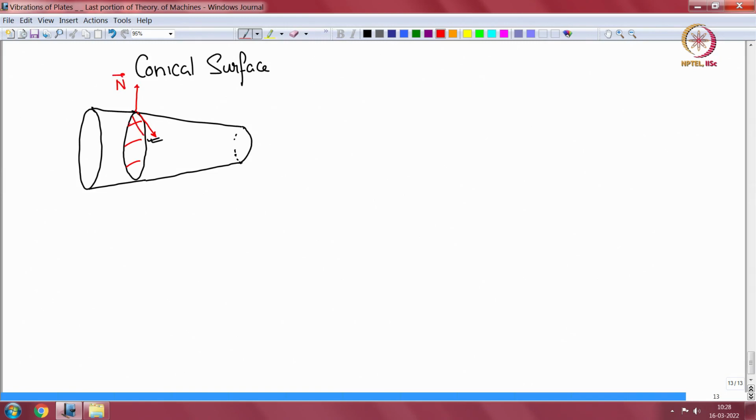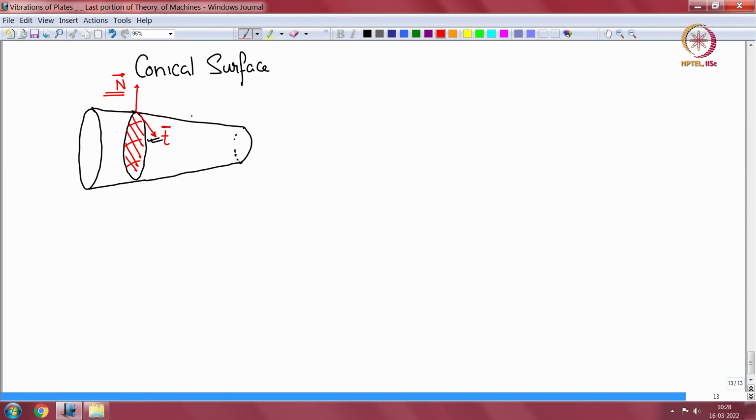So this is the osculating plane, the plane of the circle. So this is the unit tangent, and this is the principal normal to the curve at that point.